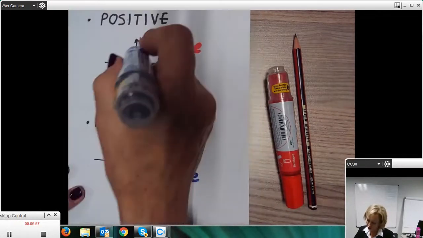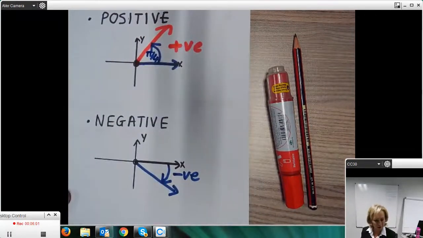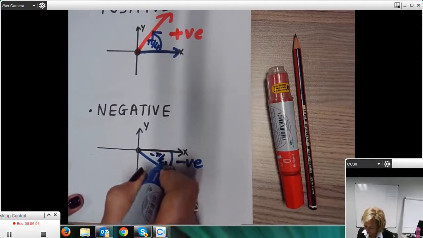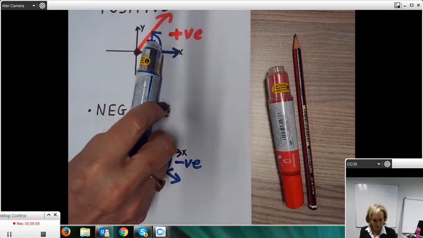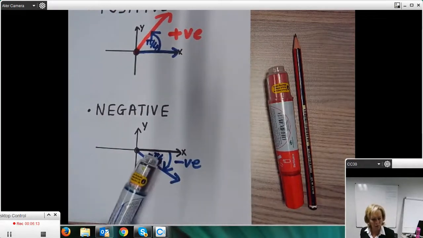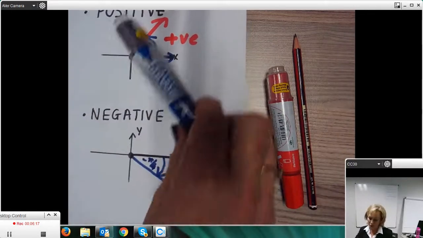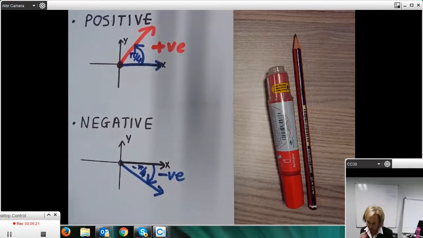So for example, this would typically be at 45 degrees or pi by 4, and this would then be written as negative pi by 4. So the pi by 4 is in the first quadrant, and the negative pi by 4 or negative 45 degrees is in quadrant 4. But whether they are positive or negative depends on the direction of rotation.